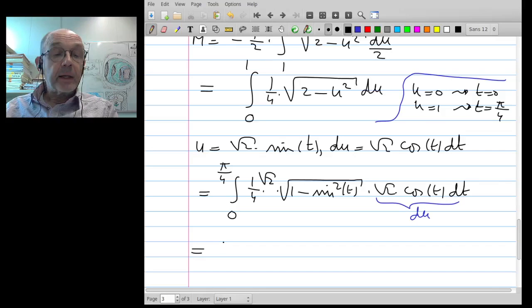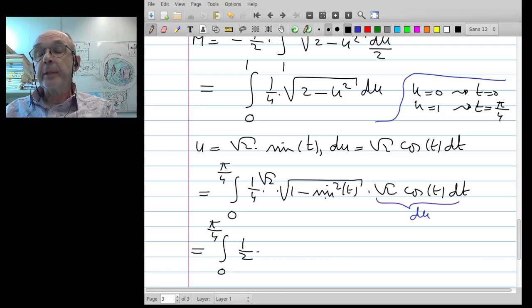Now we have the integral from 0 to pi divided by 4, and then we have square root of 2 times square root of 2 is 2, divided is 1 over 2, and then the square root of that gives you the cosine of t, and so you get cosine squared dt.